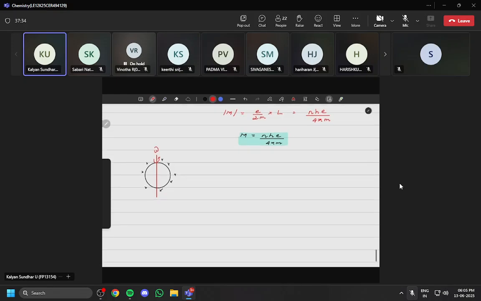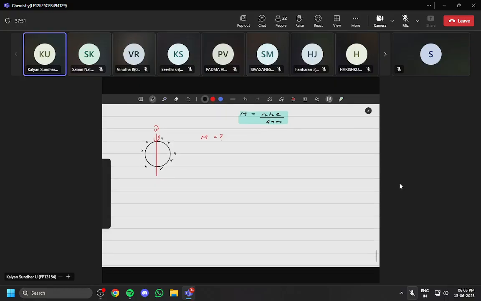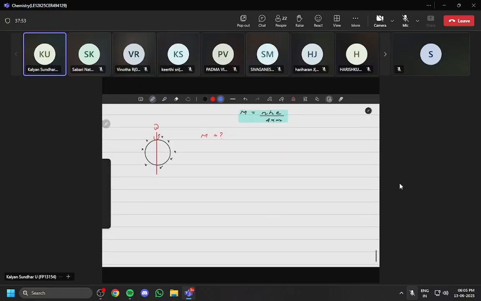Then for such a thing, what will be your m? About this axis it's going to be revolving. So let me take this as a ring.